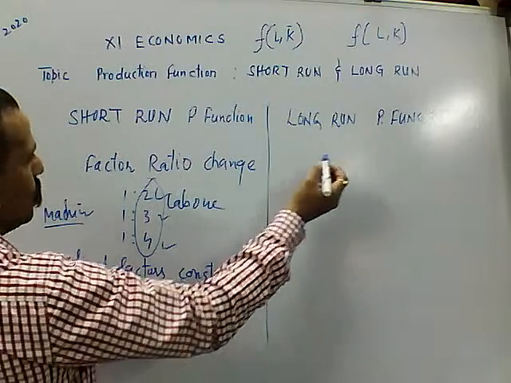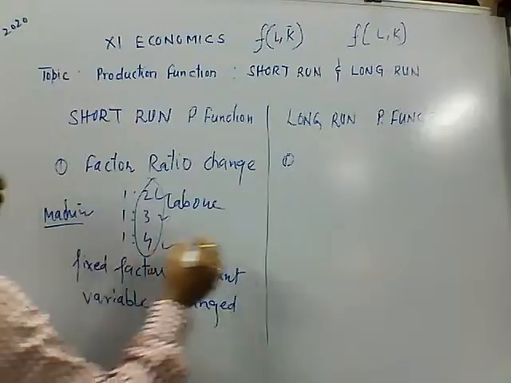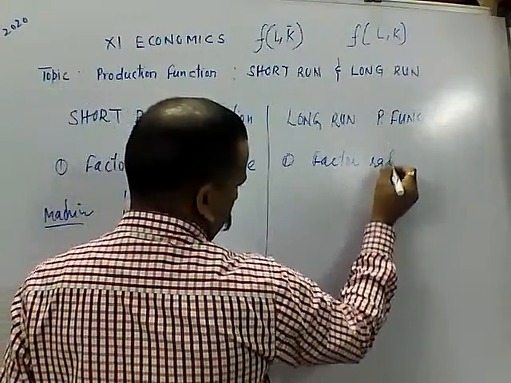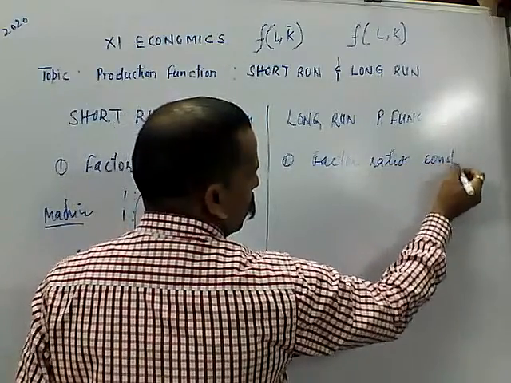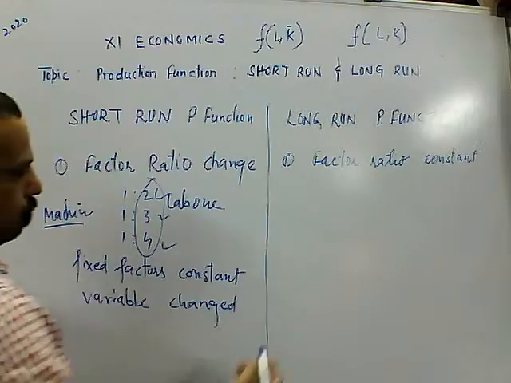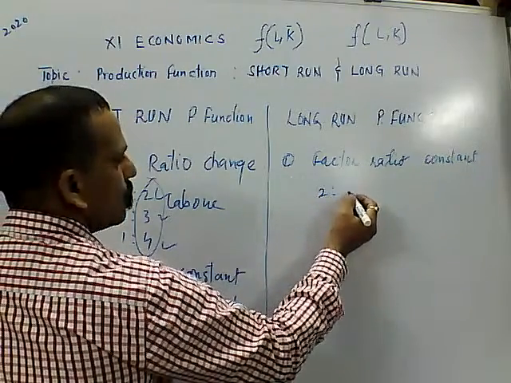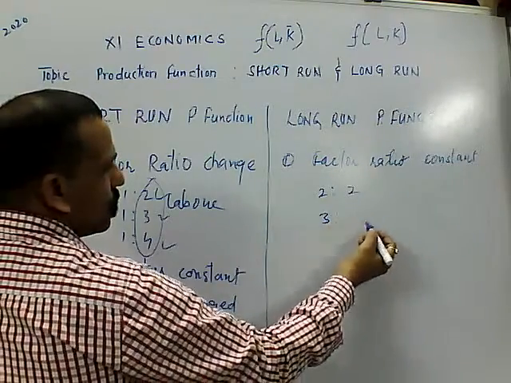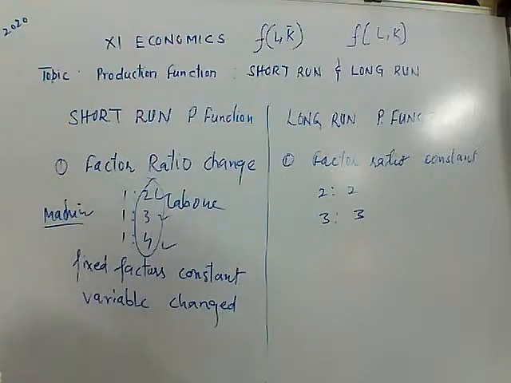Whereas in the long run, the first point, the factor ratio remains constant. In the long run, say you have 2 machines and 2 laborers, or 3 machines and 3 laborers.